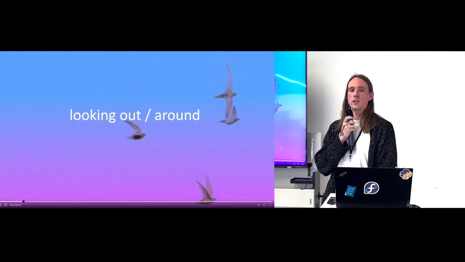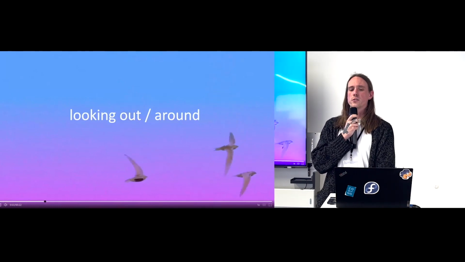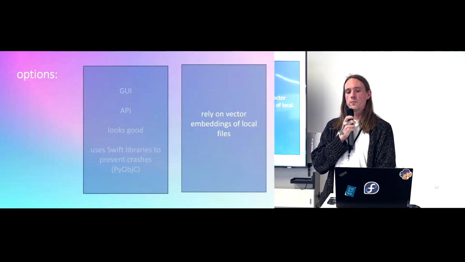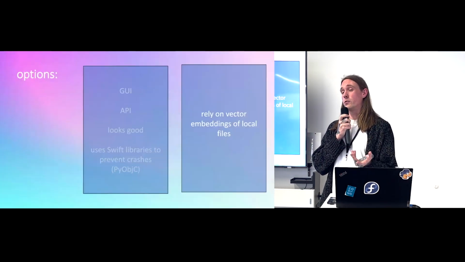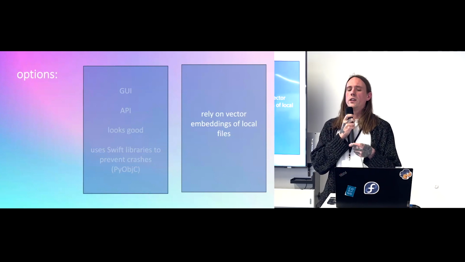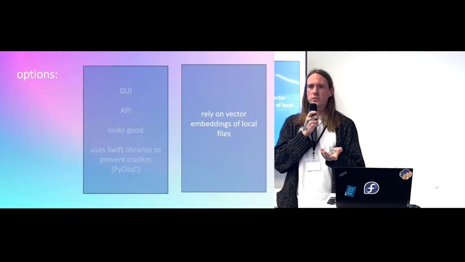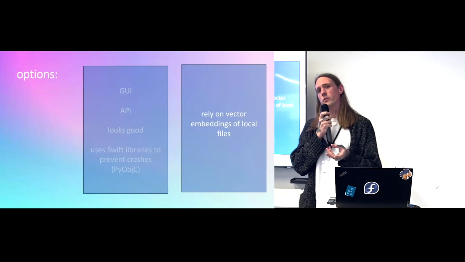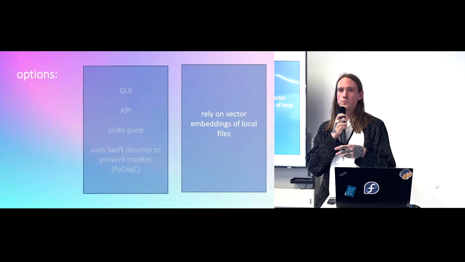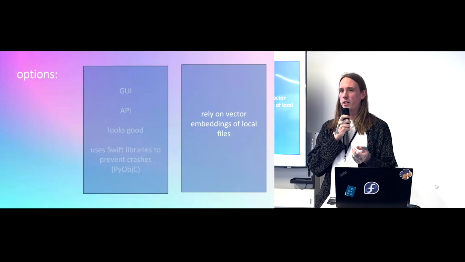So I was looking around, and I found some good ideas. Instead of relying on OCR, I was thinking, hey, couldn't you create vector embeddings of your entire file system, or of parts of it, and create sort of a RAG, fine-tune an LLM on that and have it interact with the system?